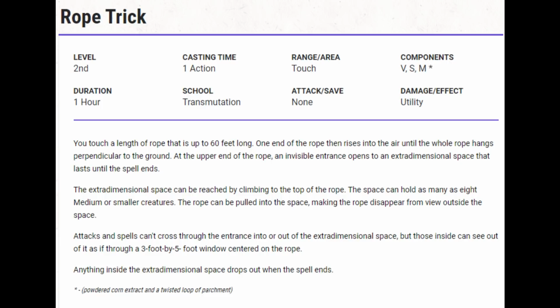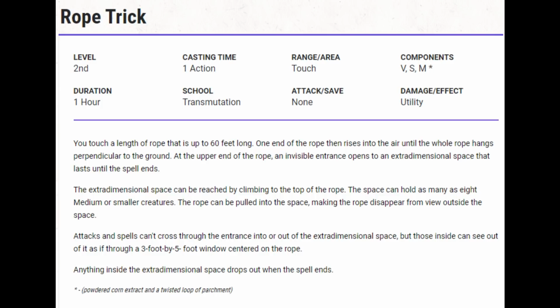Well, with an incredibly severe look at rope trick, using rules as written, and if we're assuming that the rules are only telling us what we can or can't do, then yes, that would mean you can't use the rope trick at all. Because you're stuck in the rope trick until the spell ends, then you're going to fall and take damage.